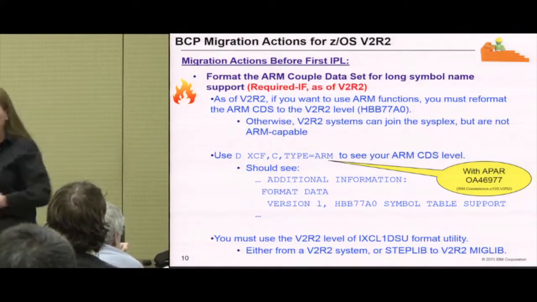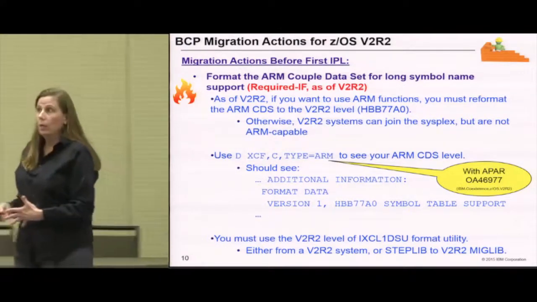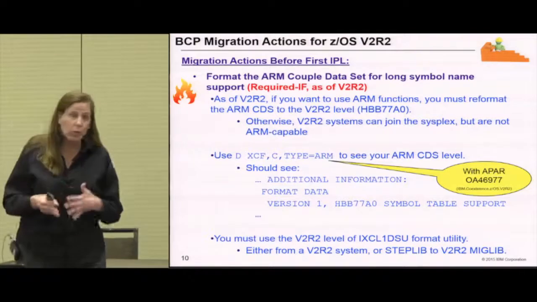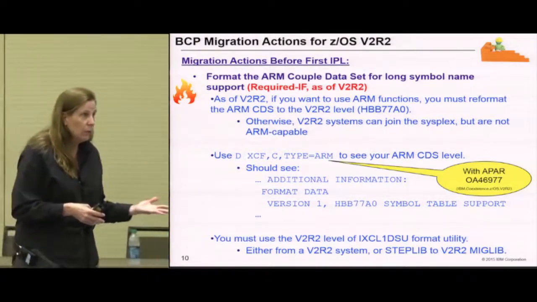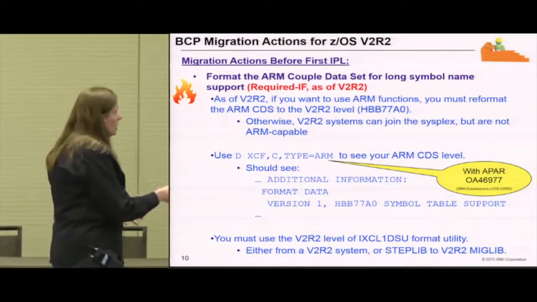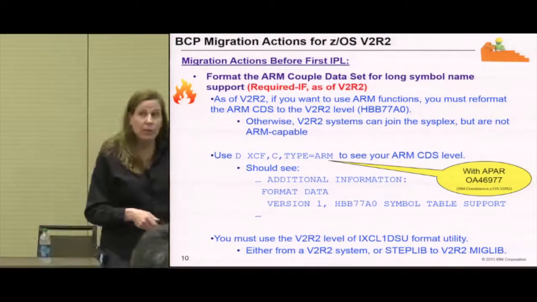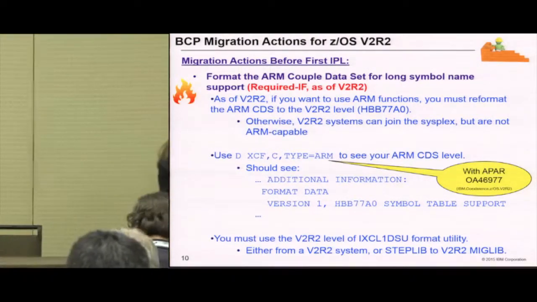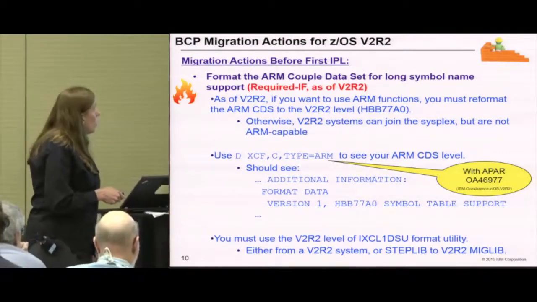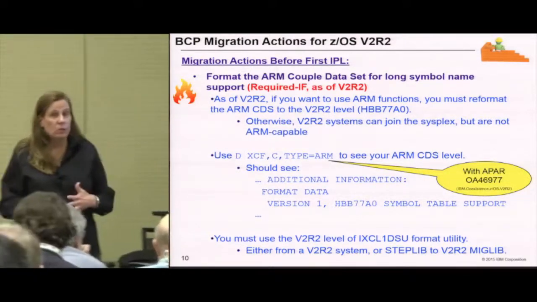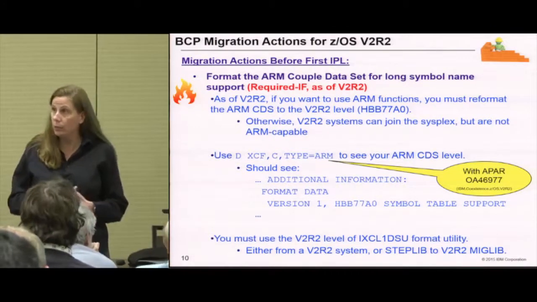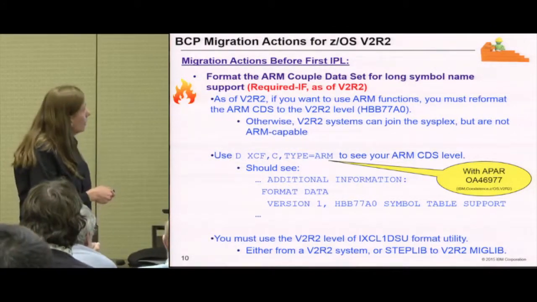That's the thing that caused the ARM coupled data set to be reformatted, but it has nothing to do with whether you're going to use long symbols or not. The requirement that I'm saying is, if you want to use ARM, you must reformat your ARM CDS. Otherwise, you can have the system join the sysplex, but you will not have any ARM functionality. So that's pretty important, and that's why I put a fire on it here.